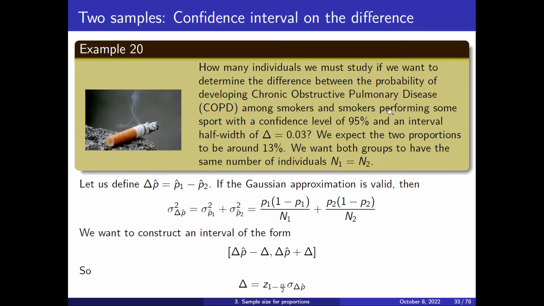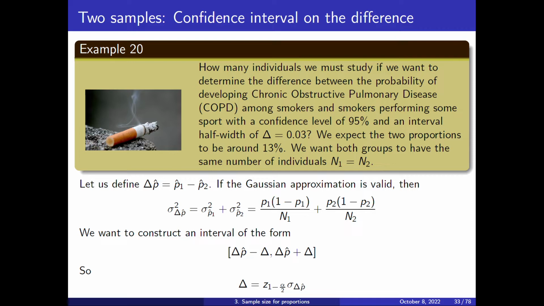Let's say that the first group has a proportion P1, the second one a proportion P2. We want to compute the difference between the two, and we want to give a confidence interval for this difference. And we want the half width of this confidence interval to be delta, that is 3%.